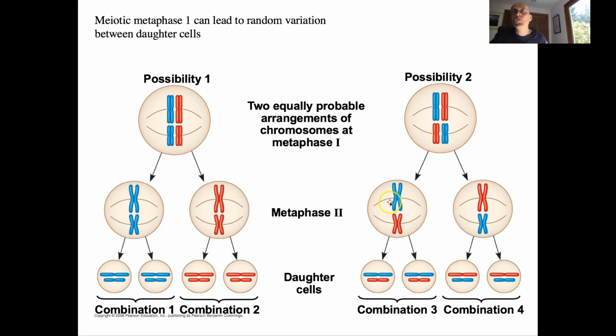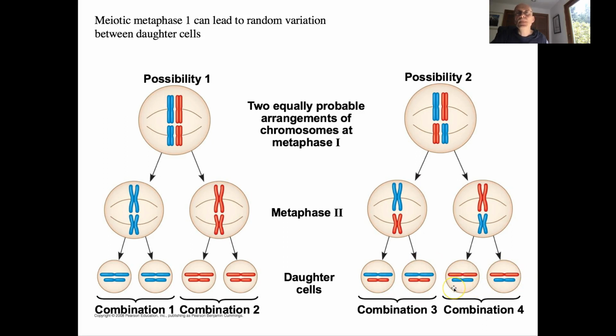You end up with one chromosome from the maternal and one from the paternal set in each of those daughter cells. When you go through the next step, and this is not even going through any crossing over, you can see that you have now this combination or that combination, or this combination where you have a blue and a red and a blue of those chromosomes.